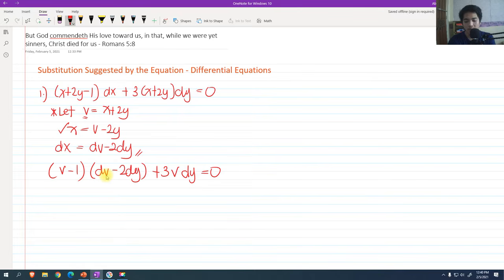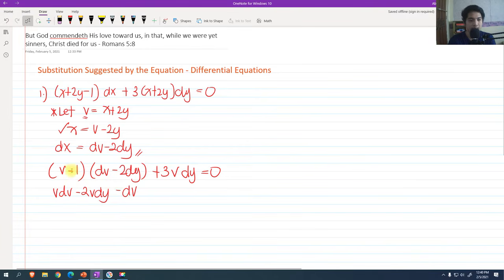So we can now simplify this. We know that this is the FOIL method, so we have v dv first, and then the outer v and negative 2 dy, so we have negative 2v dy. Then the inner, negative 1 times dv, that's negative dv.